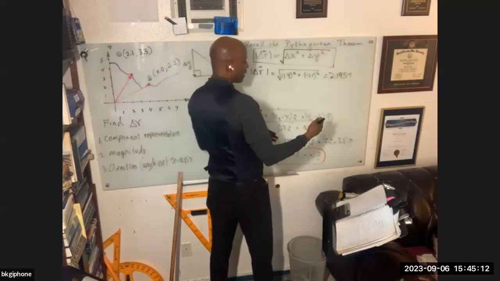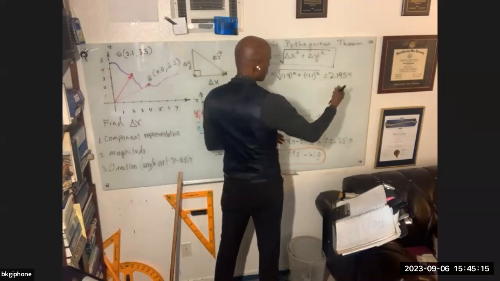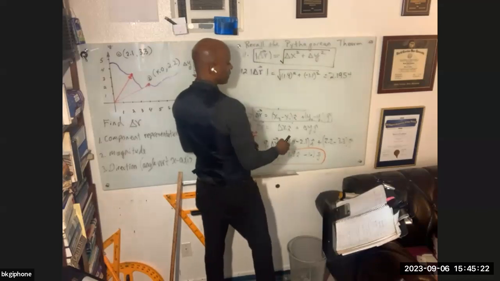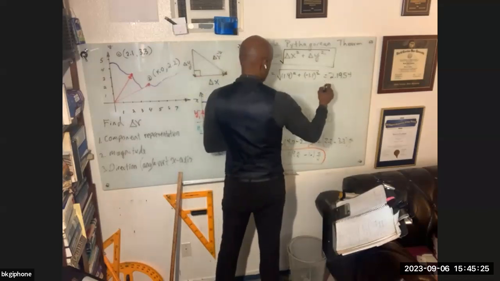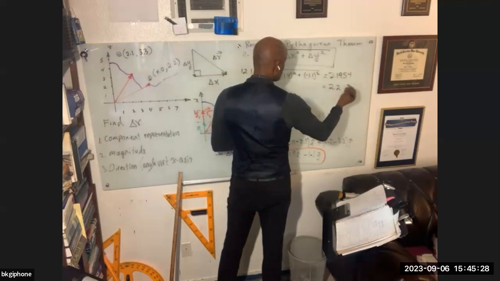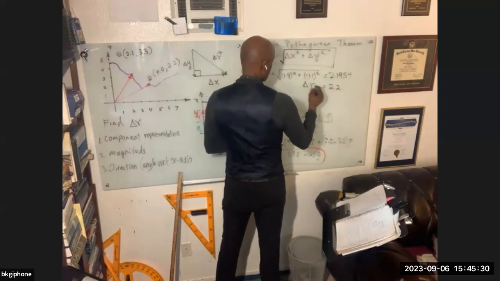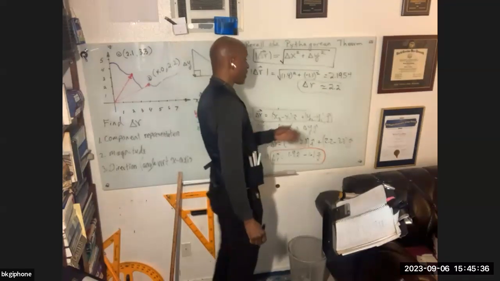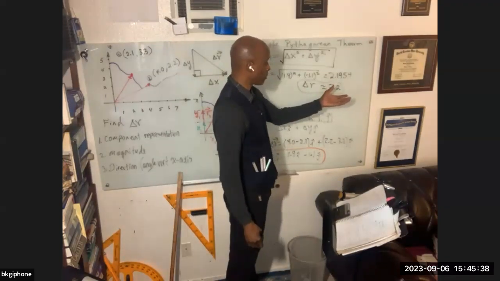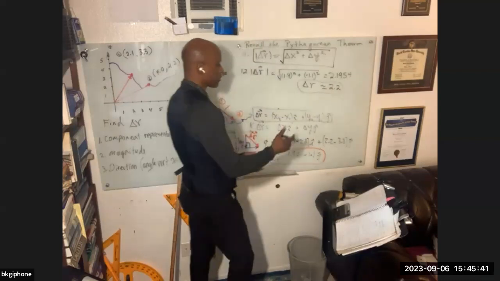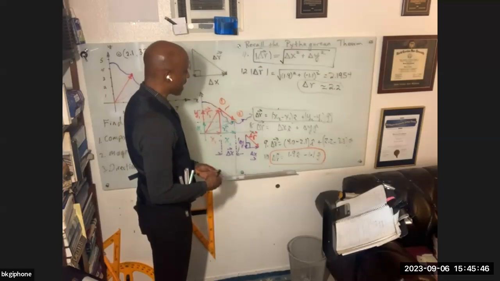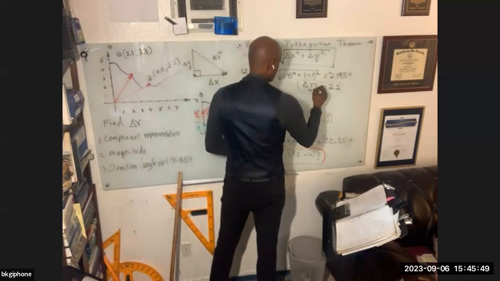If it's 5 or above in the hundredths place, then you raise the tenths place by one. So rounded off it's going to be 2.2, and that would be my final answer: delta R is approximately 2.2. If the number in the hundredths place were 4 or less, then I just truncate it and leave it as 2.1. So that would be the magnitude of delta R.